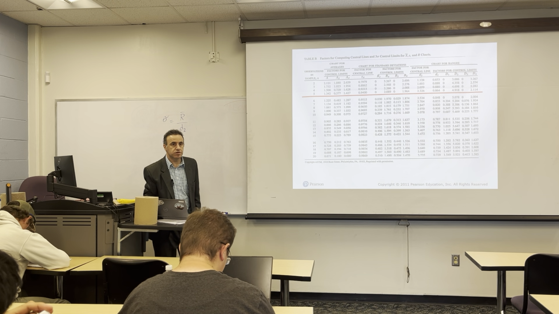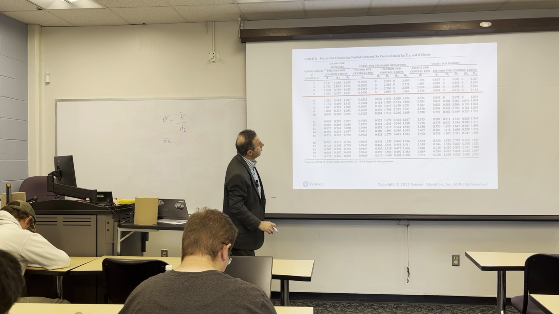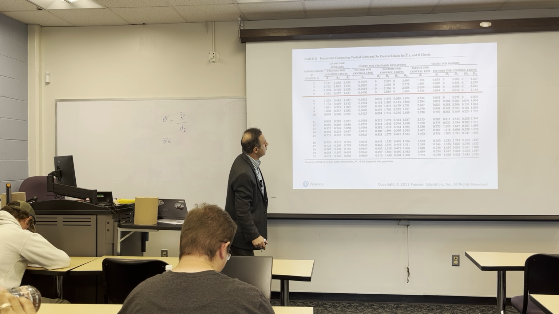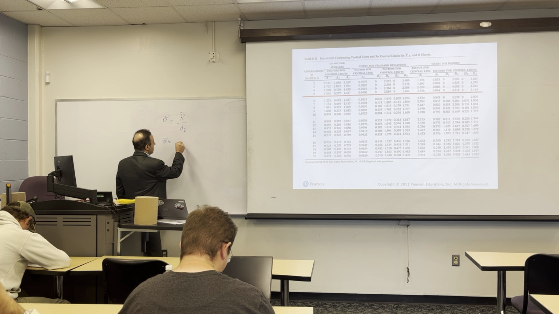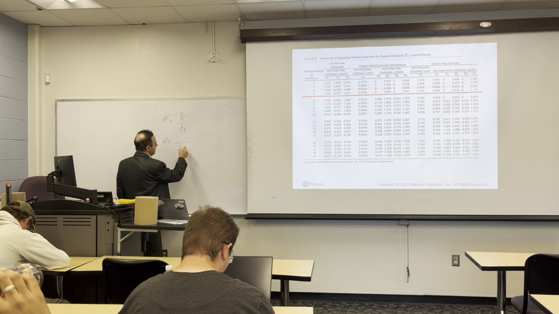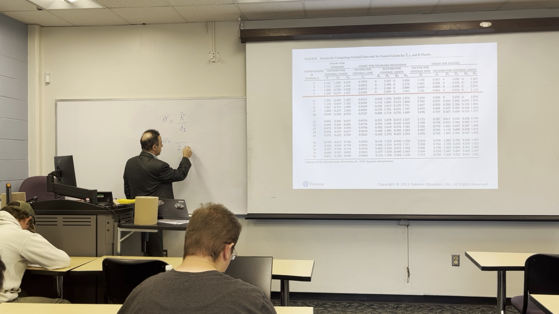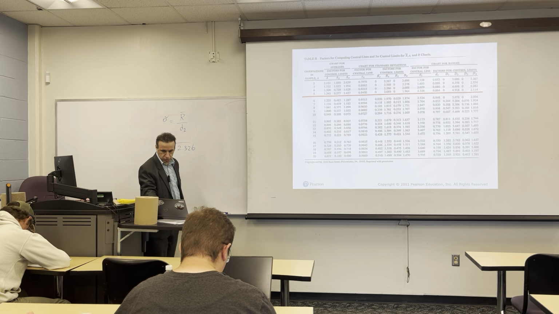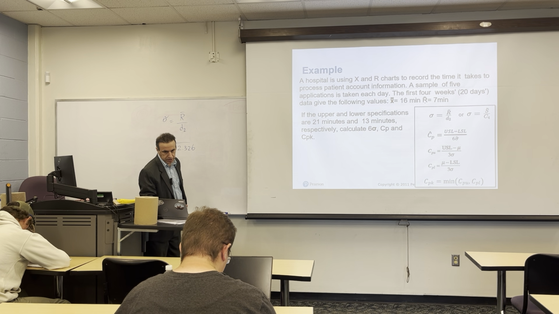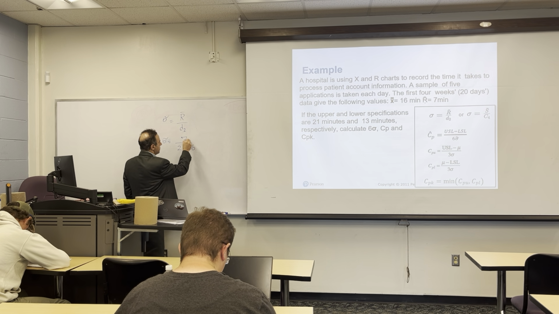We go to this chart, and for 5, D2 is 2.326. Going back, R bar is 7 minutes.